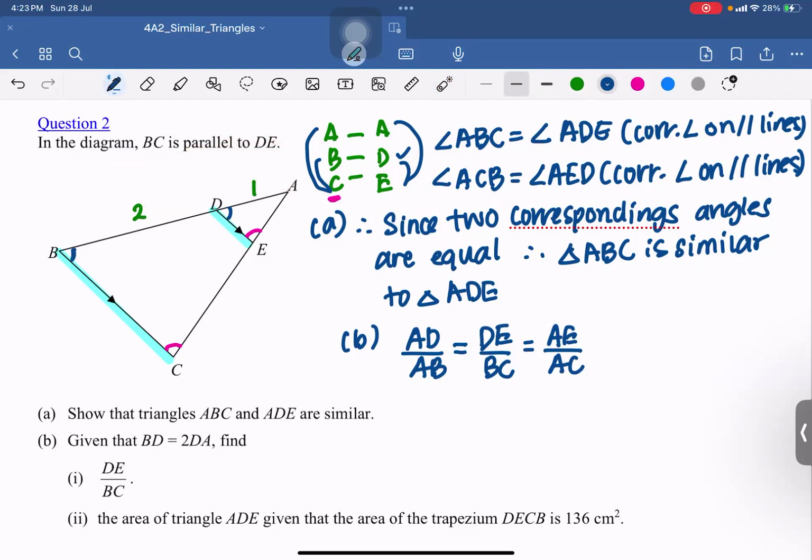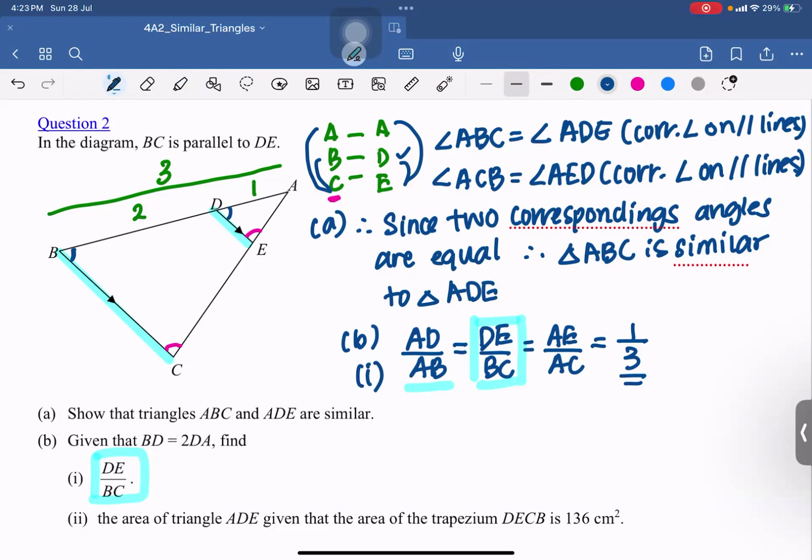So if I want to find the ratio of DE over BC, this has the same ratio as AD over AB, which is the answer given on the diagram, 1 over 3. So this will be my answer for B, part 1.